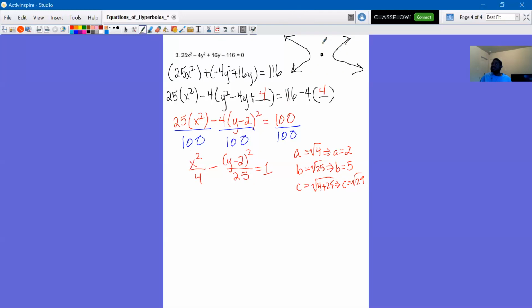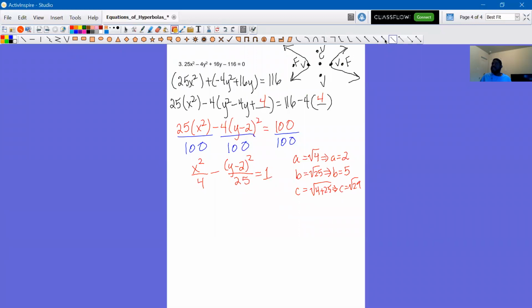So our center's here, a vertex there, vertex there, focus point there, focus point there. Slant asymptotes always go through the center. One has a negative slope. The other one has a positive slope.